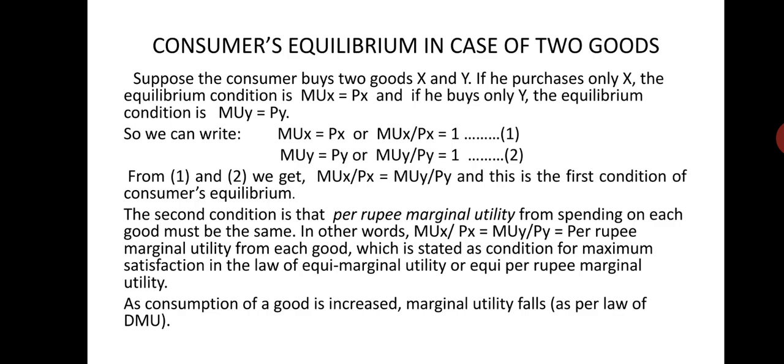In our law of equimarginal utility, which we have already discussed in our previous chapter, what we know is that a consumer can get maximum satisfaction by consuming either two commodities or more than two commodities at the point where MUx upon Px is equal to MUy upon Py is equal to MUM, which is the condition written here.